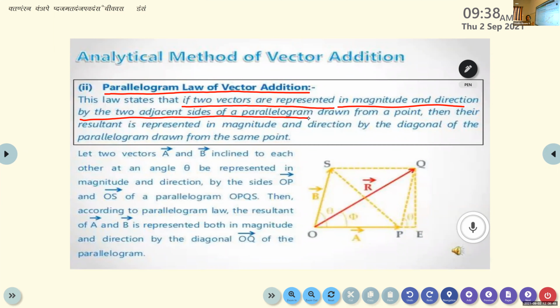So if the two vectors represent the magnitude and direction of the two adjacent sides of a parallelogram that is drawn from the same point, then their resultant is represented in magnitude and direction by the diagonal of the parallelogram that is also drawn from the same point. This is what the parallelogram law states. So all of you please copy down the parallelogram law of vector addition.